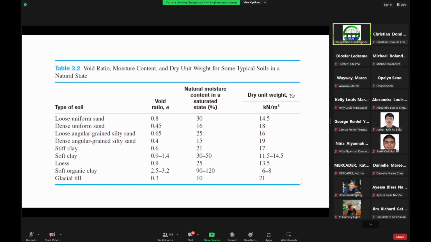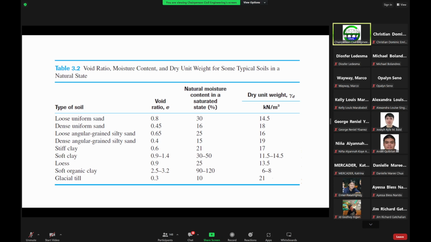The author of the book I use in the masteral program on unsaturated soil mechanics is Professor Fredlund from the University of Saskatchewan in Canada.